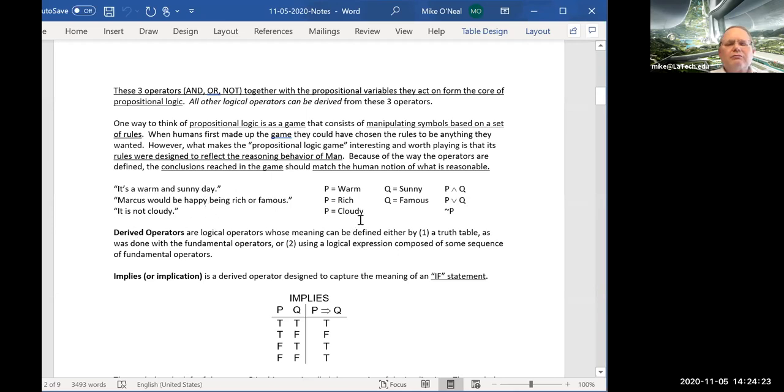It is not cloudy. P equals cloudy. So you could say not P, which means not cloudy. One other little thing here.